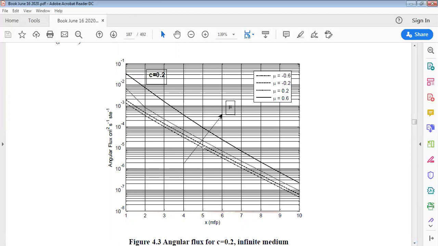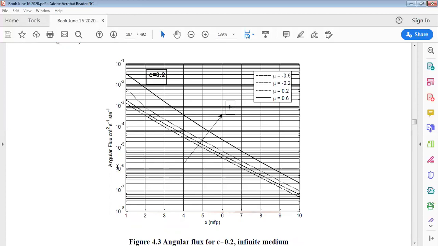For c equal to 0.2, the angular flux is more when you are at smaller mean free paths. As the mean free paths go up, the angular flux comes down.